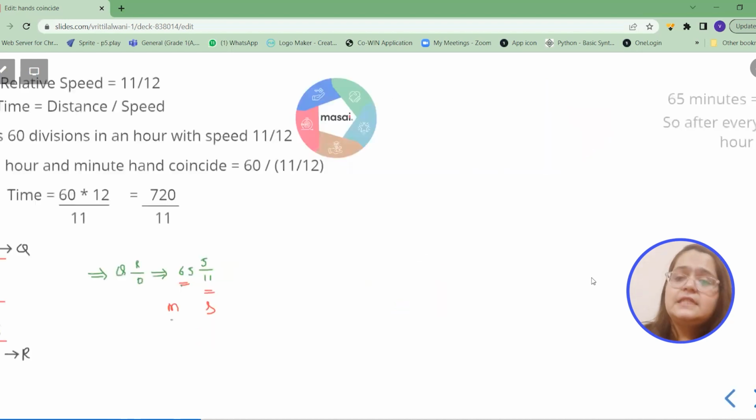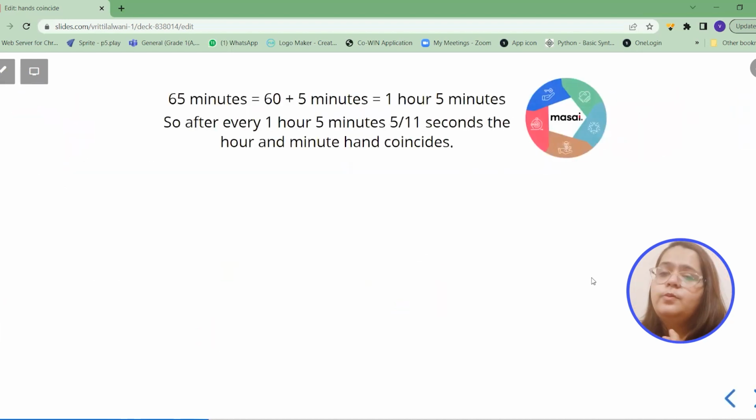But this 65 minutes can also be broken down, and we can write it as 60 plus 5 minutes. Why? Because 60 minutes makes 1 hour. This brings us to the conclusion that at every 1 hour, 5 minutes, 5 by 11 seconds, the hour hand and minute hand will coincide.